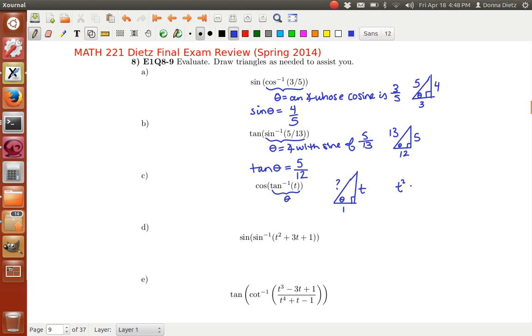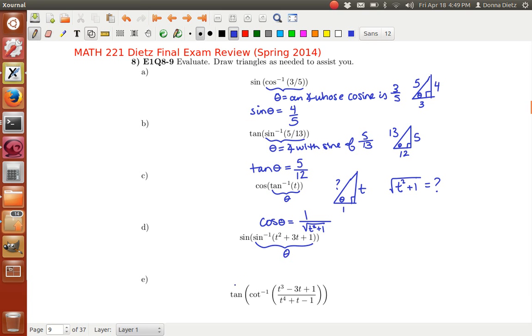It's going to be the square root of the sum of the squares of the other two sides. So what is the cosine of this guy? Well, it's x over r. There you go. That's what's going on here.